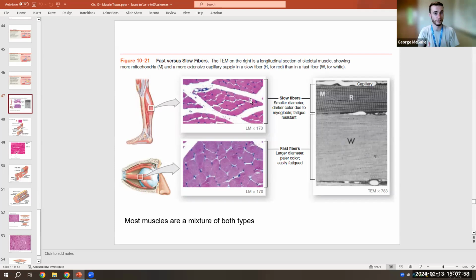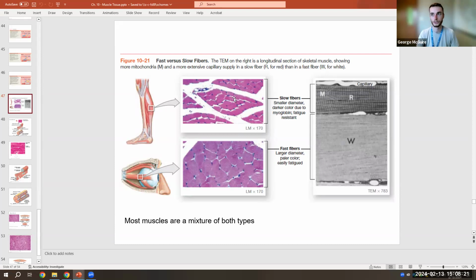Comparing that to a duck breast, where ducks are using flight as a main form of travel and they are migrating over large distances. So a duck breast is set up with mainly slow fibers to facilitate that use of the muscle for a long period of time, multiple contractions, and trying to resist fatigue for that.